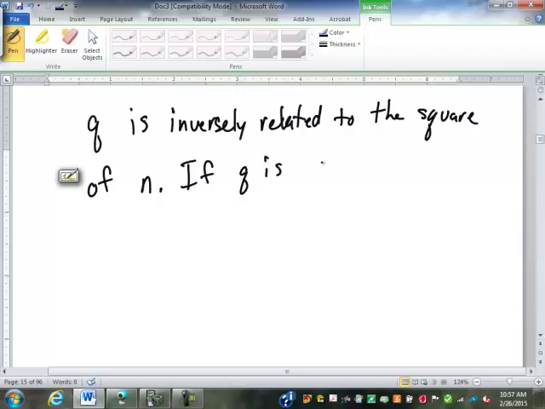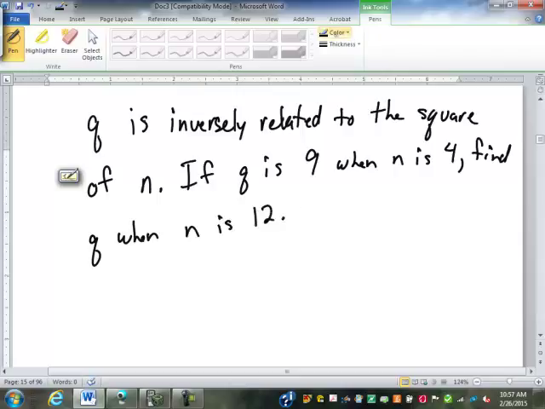If Q is 9 when n is 4, find Q when n is 6.